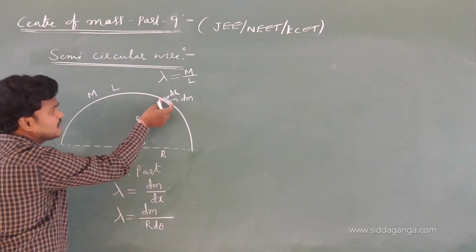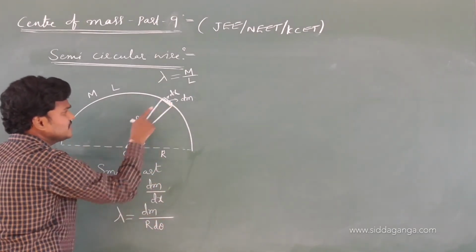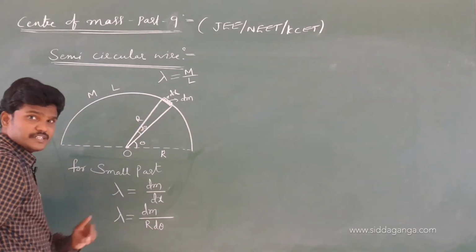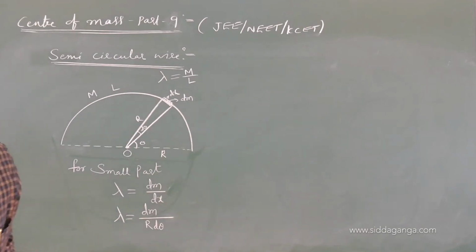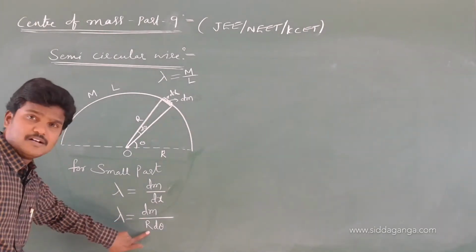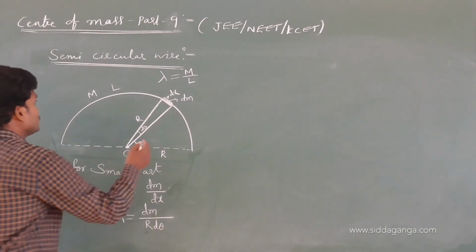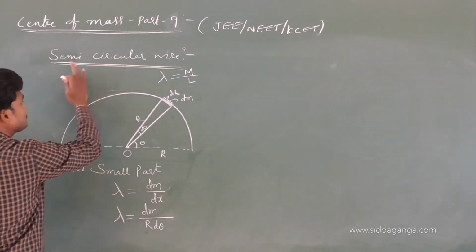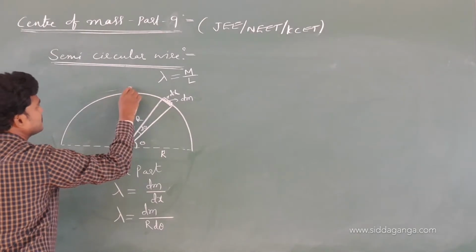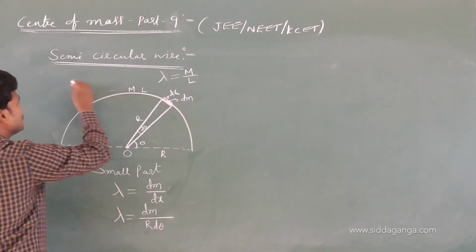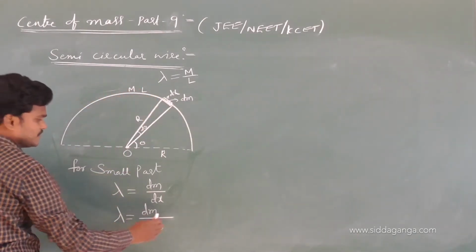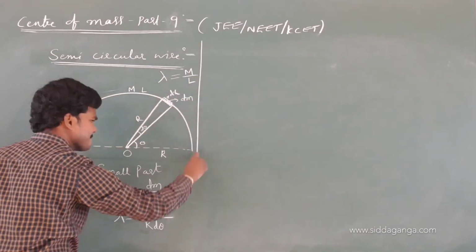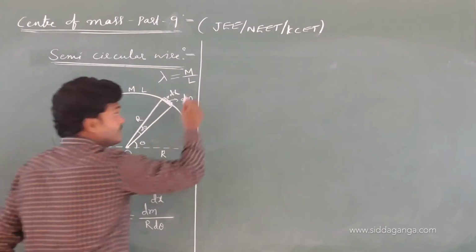Arc length is nothing but angle into radius, r is the radius, angle is d theta. So lambda is dm by r d theta. Then what is the small mass now? Let me write here because I need space. m is the mass, L is the length. What is dm? Here I will continue.